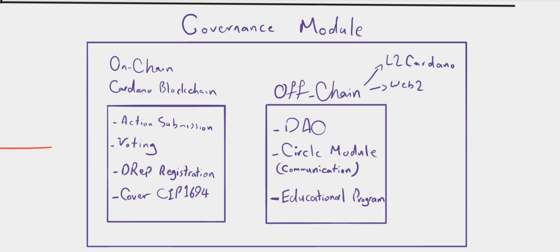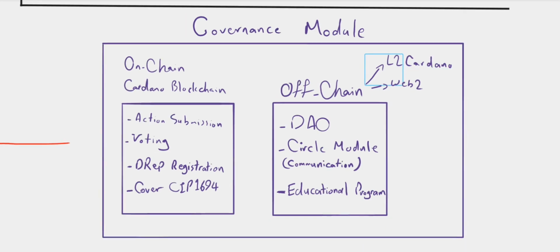We'll have the Circle module, which we'll discuss later in this video, and educational programs will be very helpful to have in a tool that is related to governance. Currently it all happens in Web 2, but with the maturity of layer 2 solutions like Hydra, we will consider using these technologies as well.